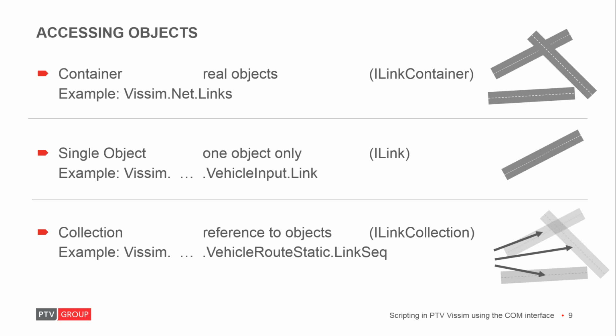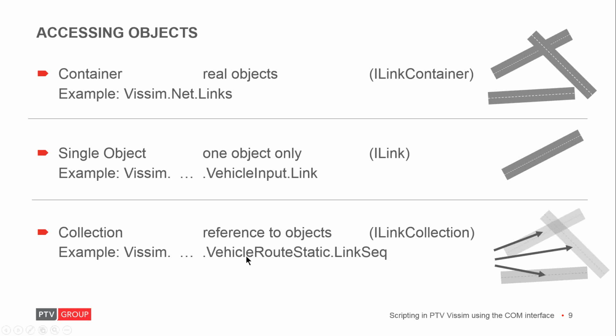Just the references to these links get lost in the collection. And that's why there's a collection, and the collection is very similar to the container, but if you remove a link from a collection, it will not disappear in your network. If you remove a link from the container, it will disappear from the network, and it will also then not be anymore in the collection. So that's the main difference.